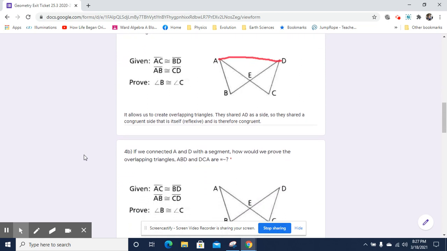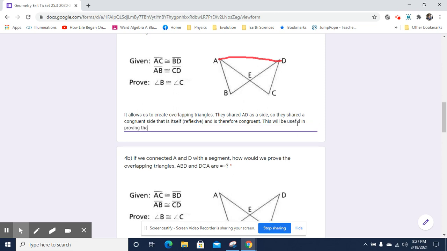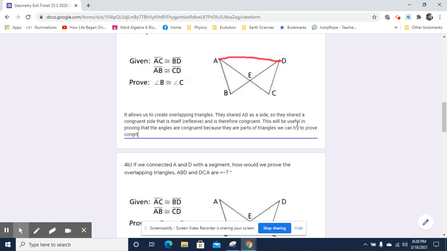And that's going to help us, this will be useful in proving that the angles are congruent because they are parts of triangles we can try to prove congruent. Okay, so CPCTC can come into play. Okay, now let's consider that.